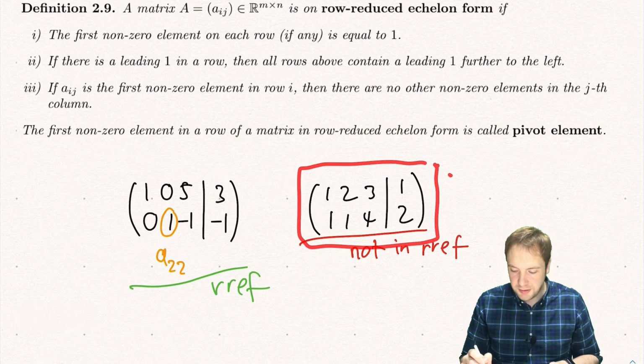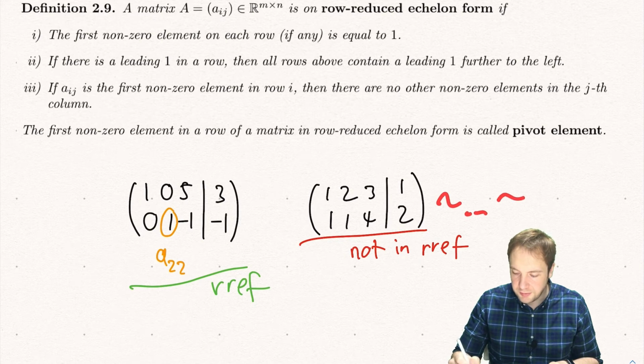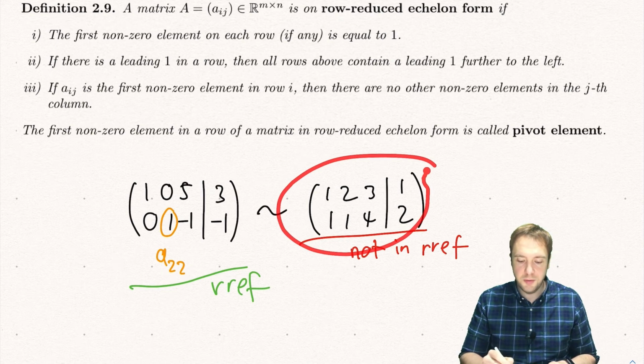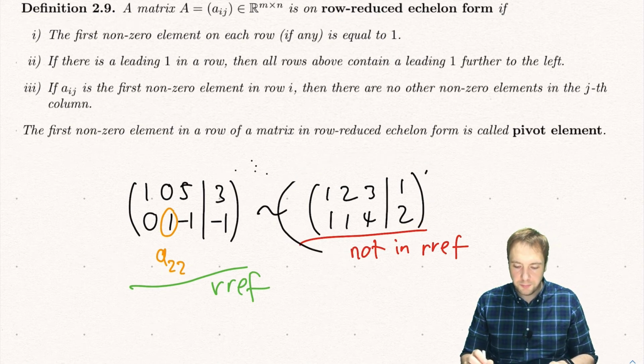Starting with this matrix here, we can do some row operations, and in the end we see that these two matrices are row equivalent. So this matrix here, which is not in row-reduced echelon form, is row equivalent to this matrix here in row-reduced echelon form.